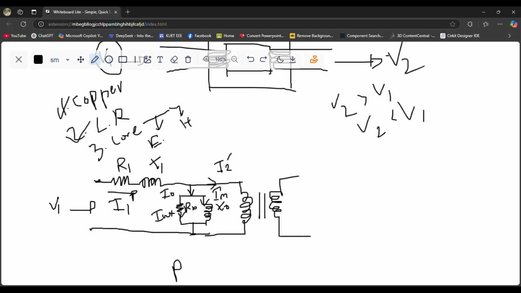IW is the reason for the core loss component, and IM makes the flux, which links to the secondary side.